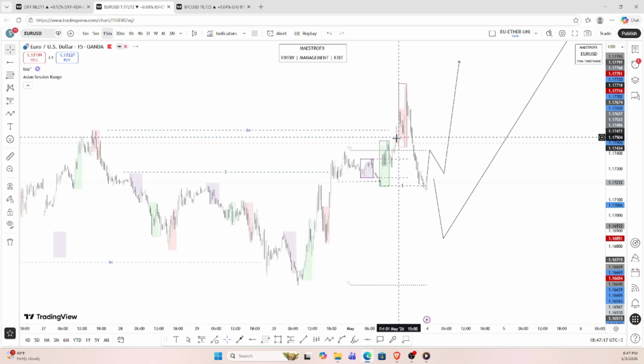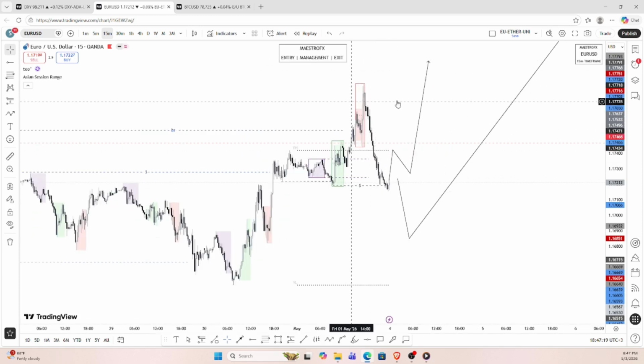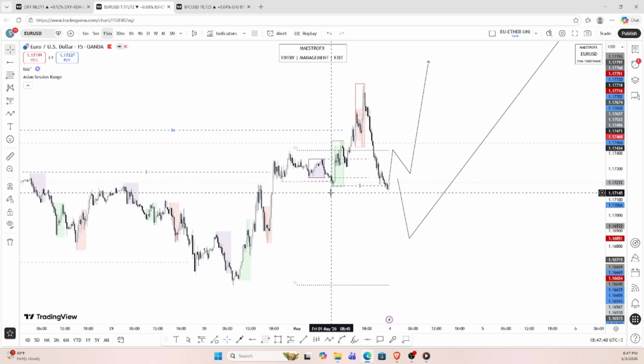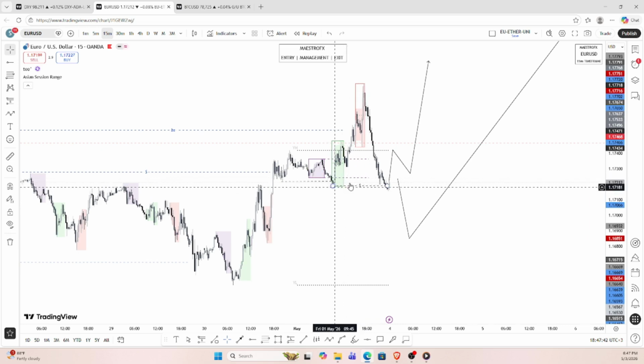But again, we can see that bears took control in the New York session and started to push price down. Whenever a low that has swept liquidity prints a high, usually that low is a strong low.